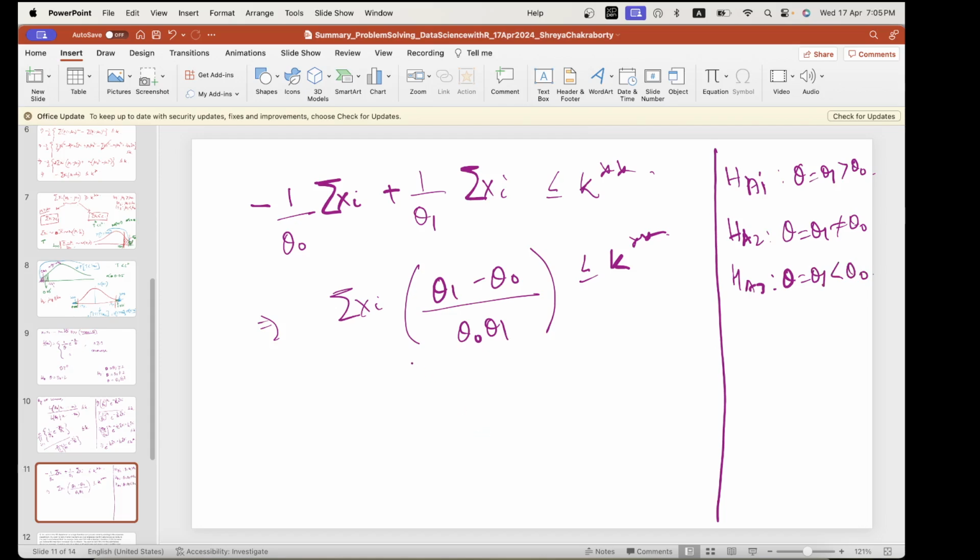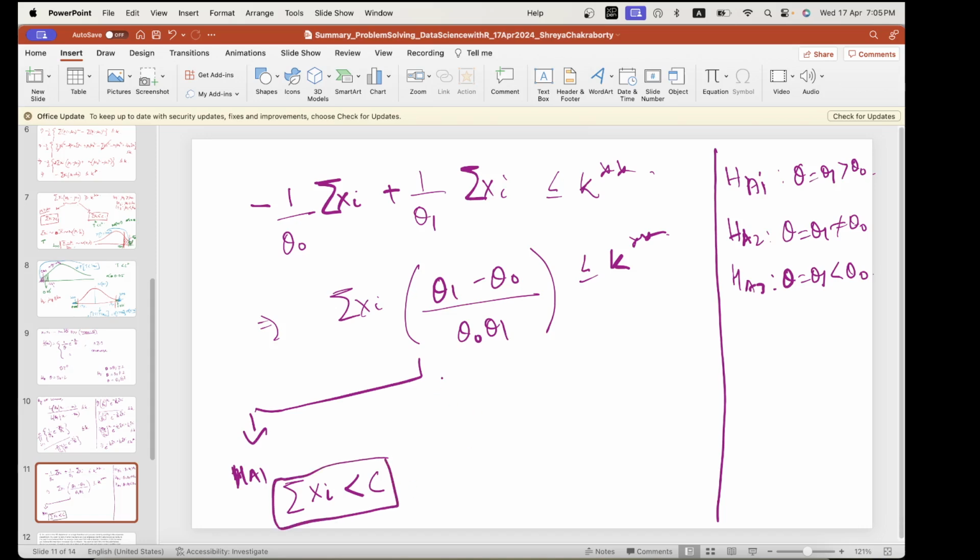Now let's say if HA1 is true, then theta 1 minus theta naught will be a positive quantity. So then this ratio will be a positive quantity. Then your rejection rule remains summation xi less than some c.